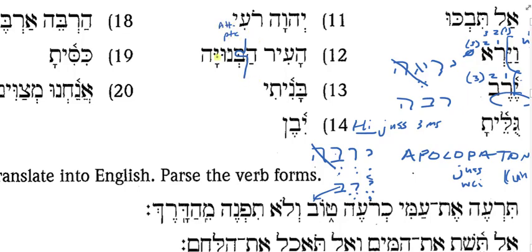Okay? Now look at benuya. What kind of participle might this be? Well, think about this for a minute. Most of my participles will have what at the front of them? A mem prefix. Okay? There's only 2 stems that don't. What are they? The Qal and the Nifal. The Nifal participle has what? Has a nun prefix. So I'm out of the Nifal and all the other stems.